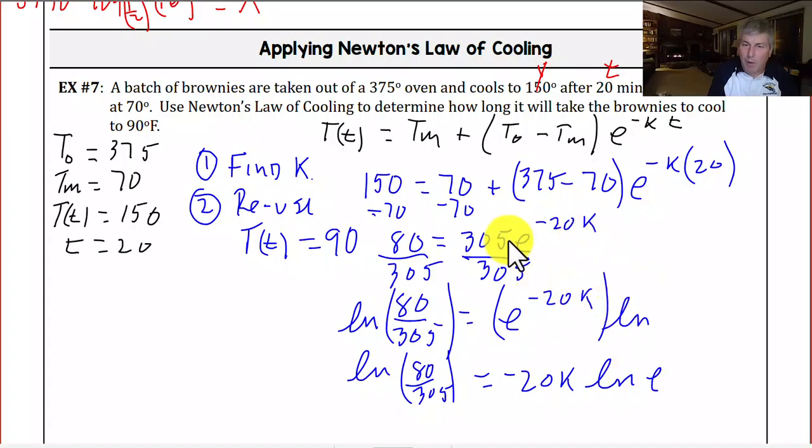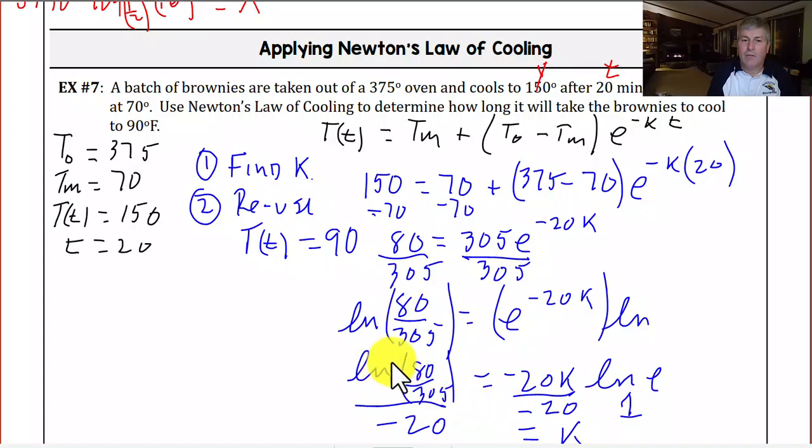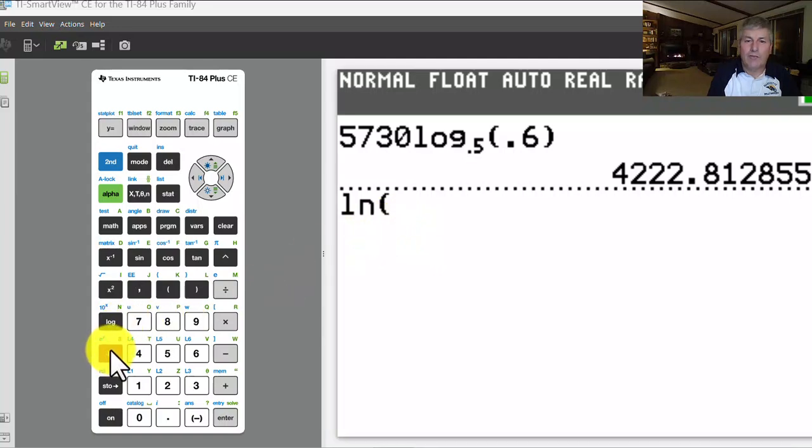So I applied that power rule. I brought that negative 20k down. The natural log of e is 1. I divide both sides by negative 20, and I've isolated k. So natural log of 80 divided by 305, all divided by negative 20. So I've got to put that in my calculator and get my k value. So I hit my natural log key of 80 divided by 305.